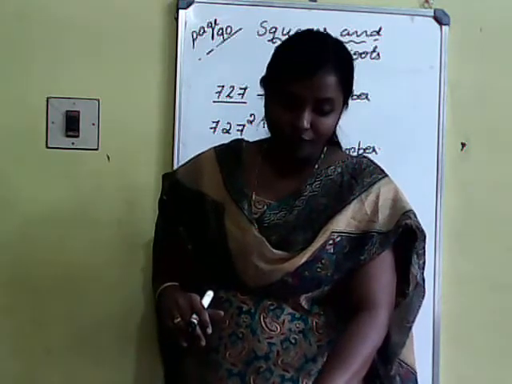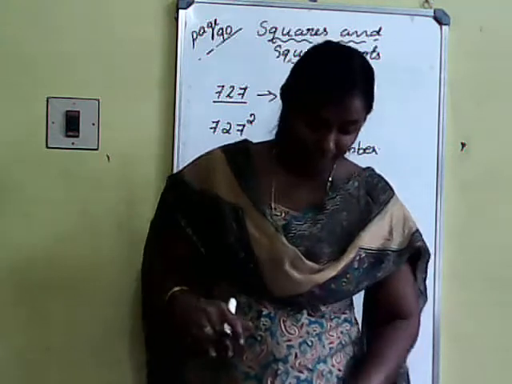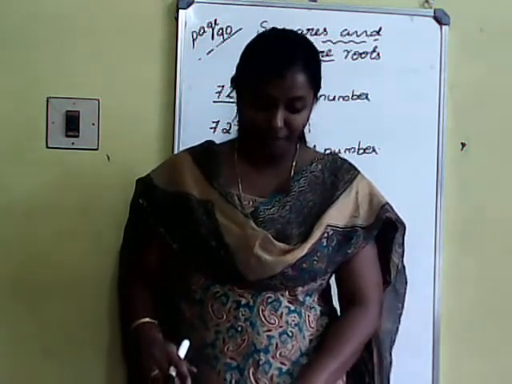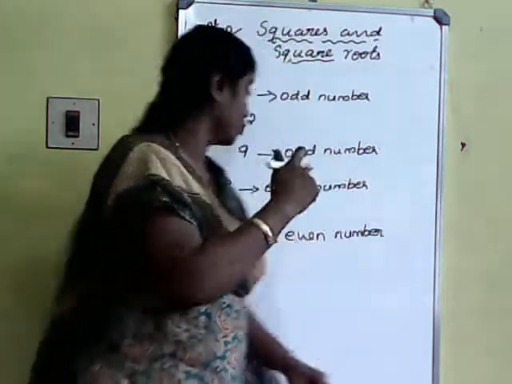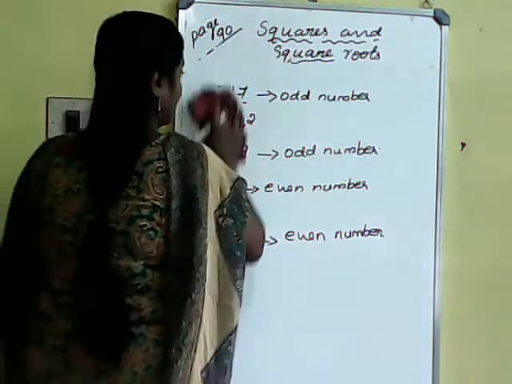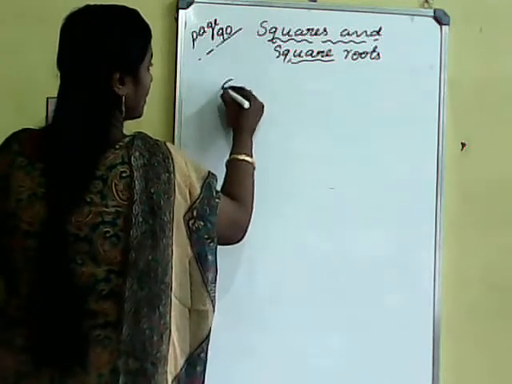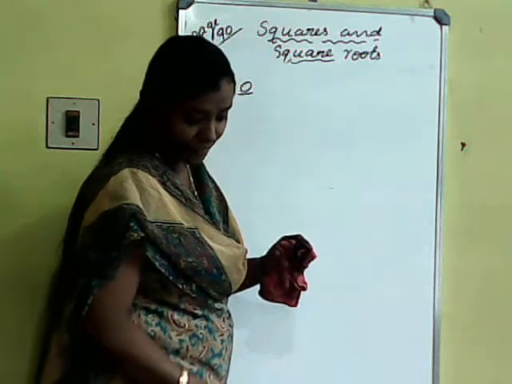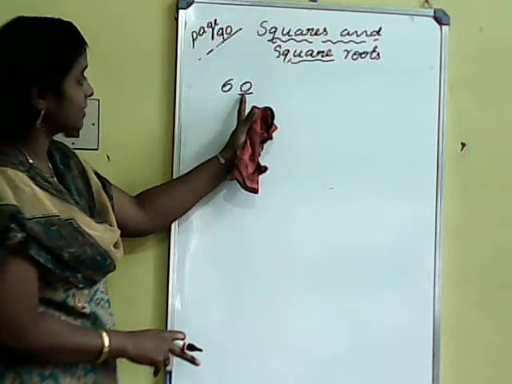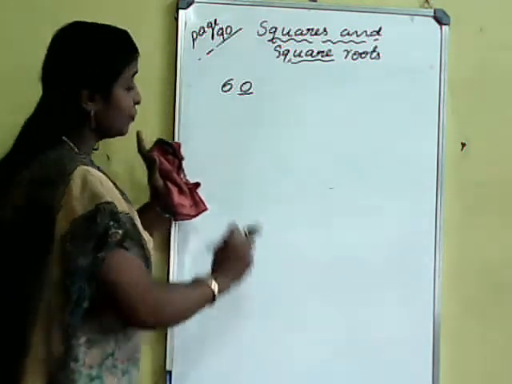Next one. What will be the number of zeros in the square of the following numbers? Okay. So 60. The number of zeros at the end, 60 has only one zero. So it is not a perfect square.